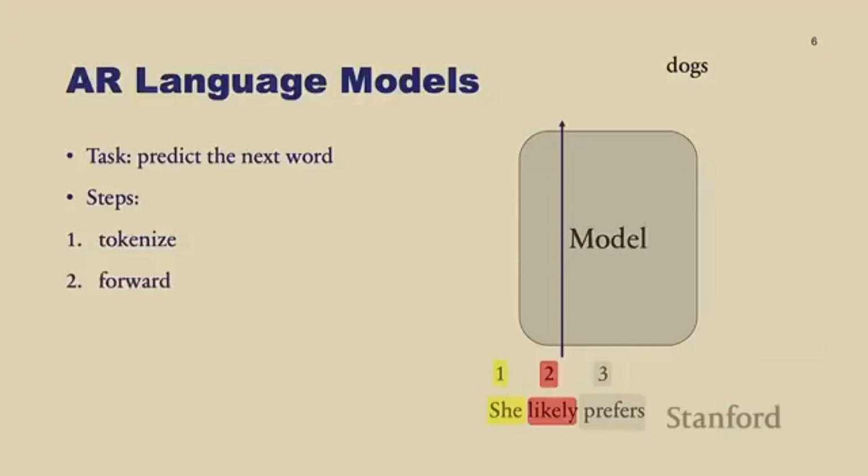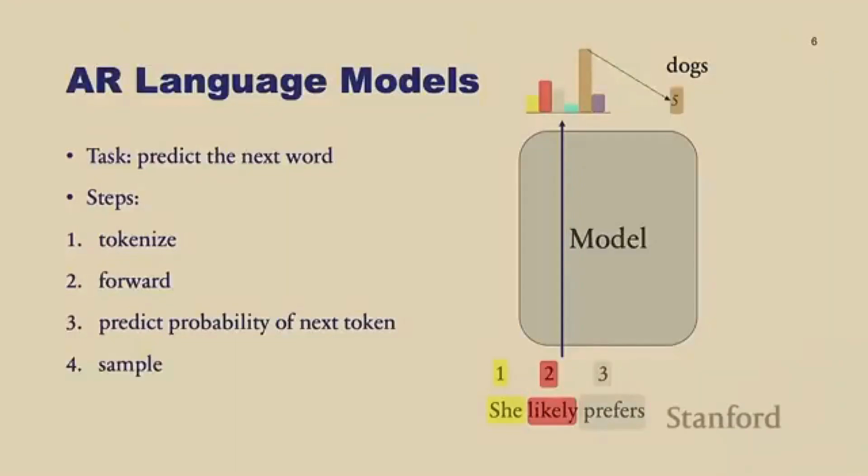Then you pass it through this black box. As I already said, we're not going to talk about the architecture. You just pass it through a model, and you then get a probability distribution over the next token. Then you sample from this distribution, you get a new ID, and then you detokenize. That's how you basically sample from a language model.